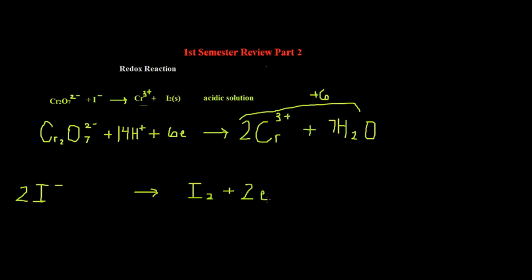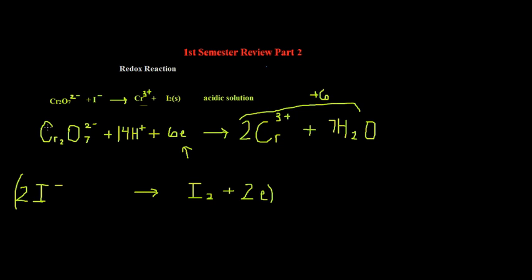Now after this, you could essentially multiply by 3 on both sides of the equation. Why would you multiply by 3 here? You would multiply by 3 because there's 6 electrons in this equation, right? And you essentially want to cancel this electron with this electron on the right side of the equation.